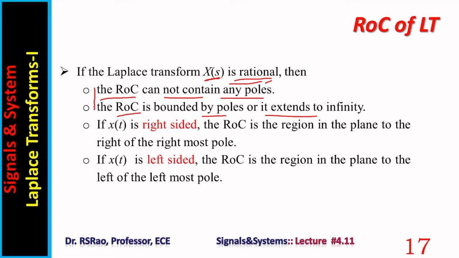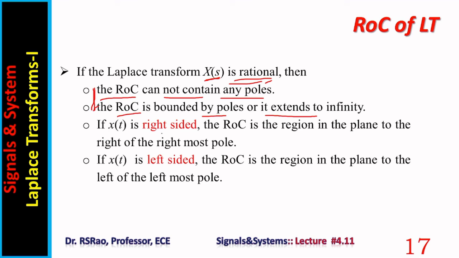These 2 points regarding ROC are mentioned with reference to the transform X of s. In the previous slide, the nature, behavior and properties of ROC were mentioned with respect to the time domain signal x of t. Here, properties of ROC are mentioned with respect to X of s in these 2 points.